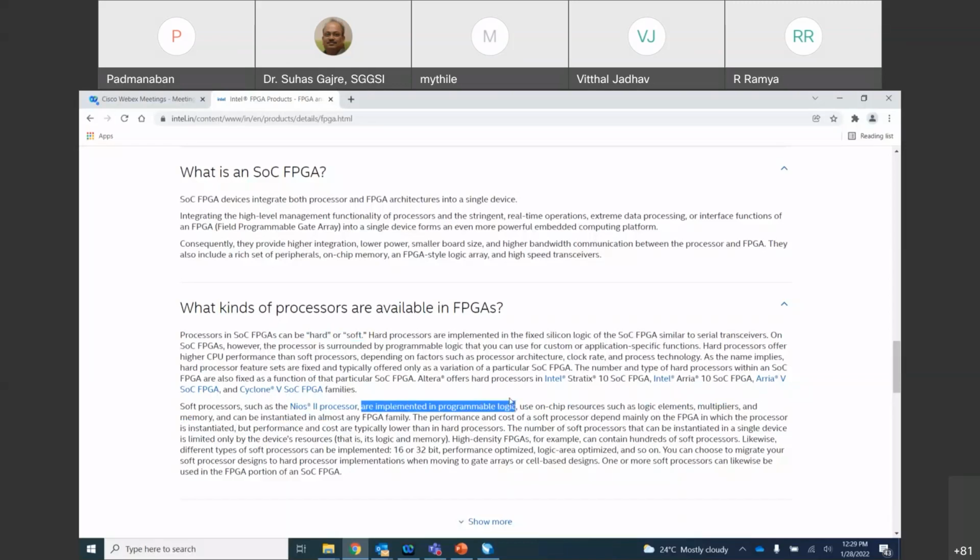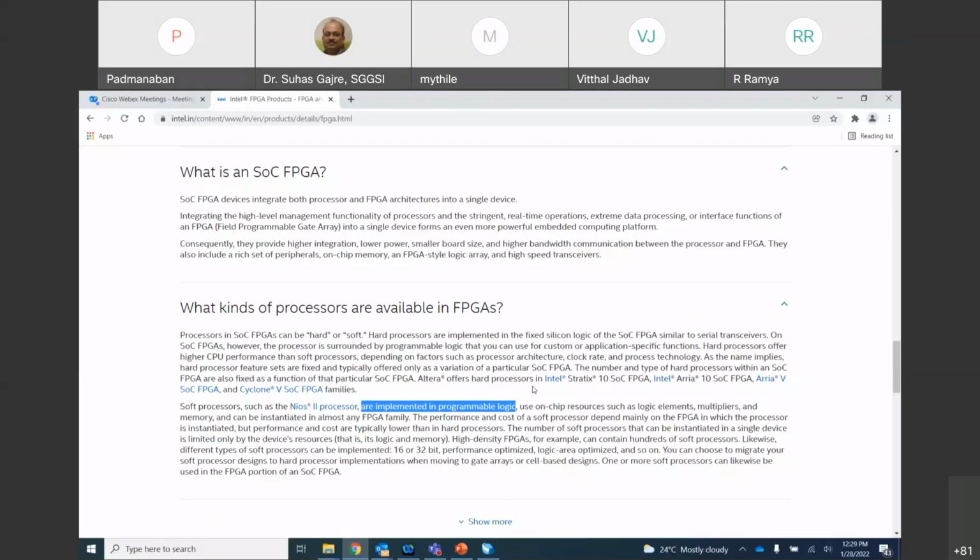That means they use the FPGA resources. A soft processor is one which uses the adaptive logic modules, the memory resources, and the DSP resources present inside the FPGA. Building a processor using the FPGA resources is called a soft core, which is the Nios II, present inside the FPGA fabric.